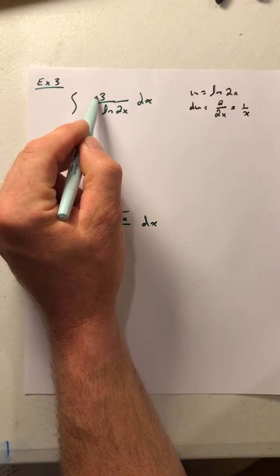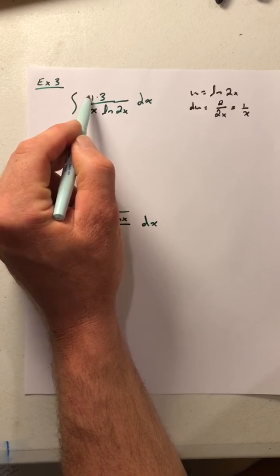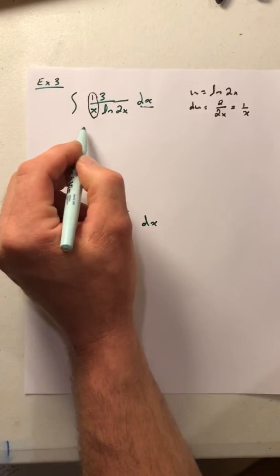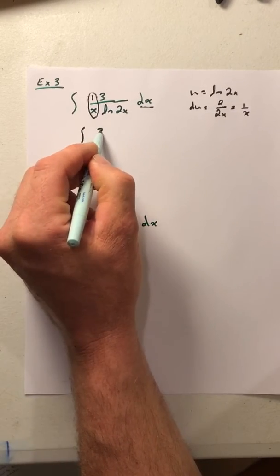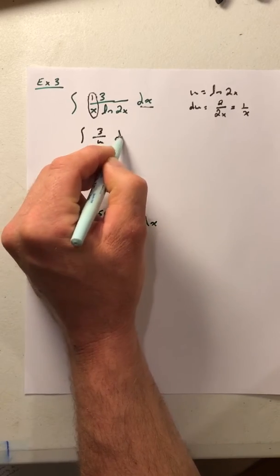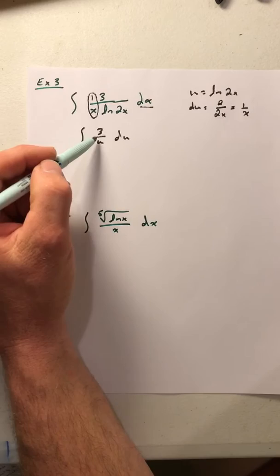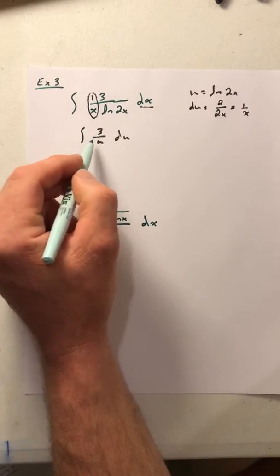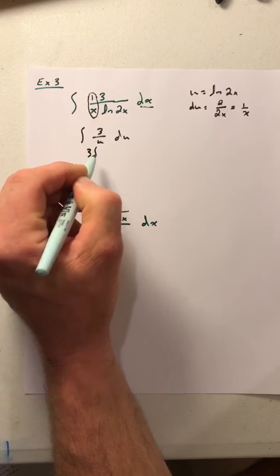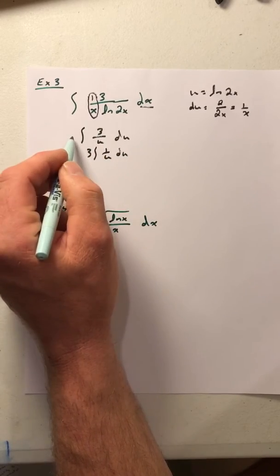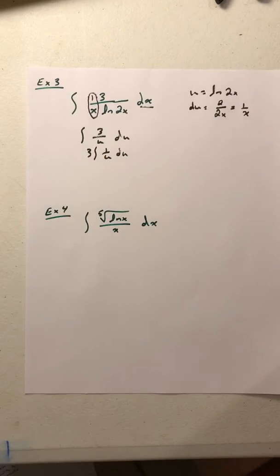Again, over here, we can split this 3 into 1 times 3. So here's our 1 over x dx. So we're looking at the integration of 3 over u du. In this case, we can split that up into 3 times the integration of 1 over u du, since 3 is a constant, it can come out to the outside of the integration symbol.